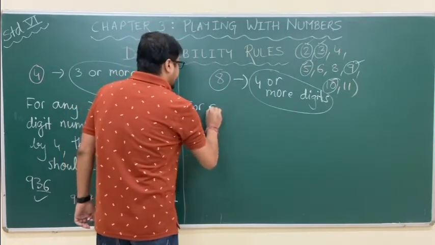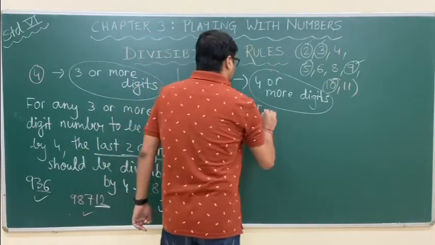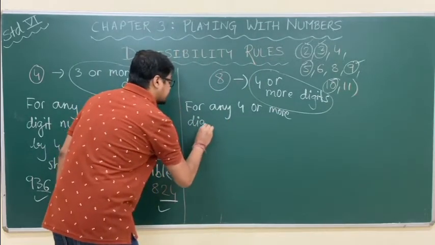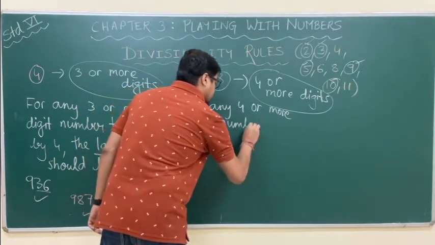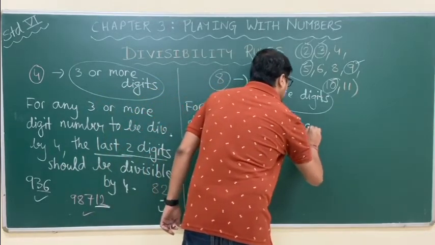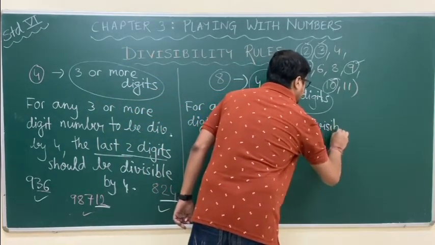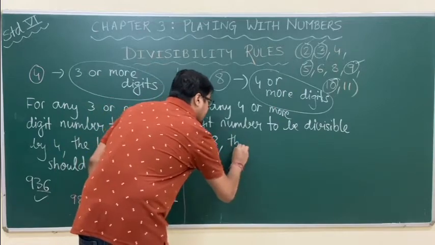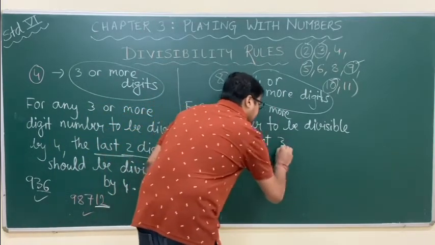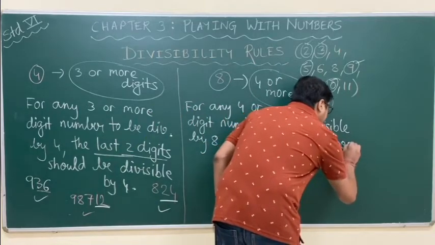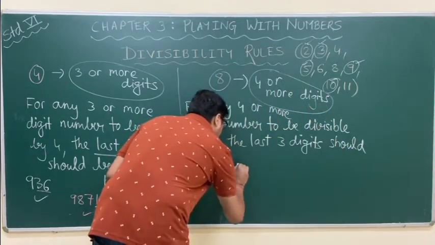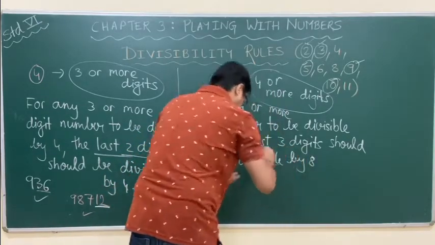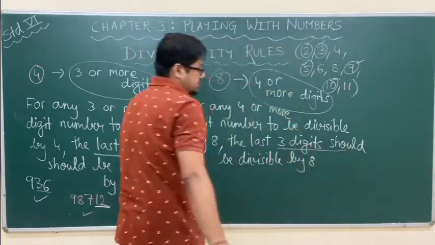For any 4 or more digit number to be divisible by 8, the last 3 digits should be divisible by 8. Okay, important fact, last 3 digits.